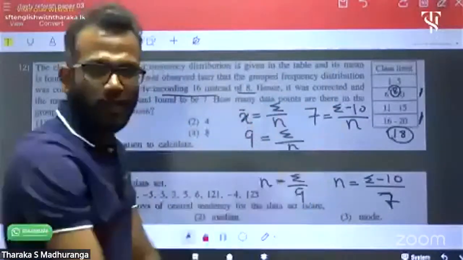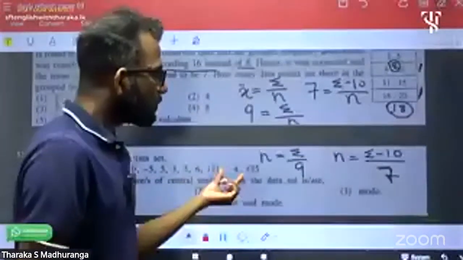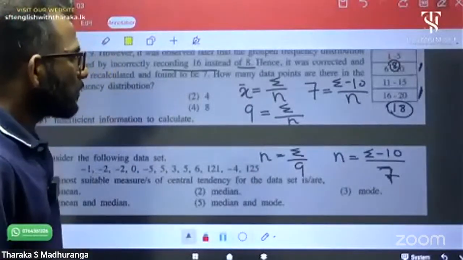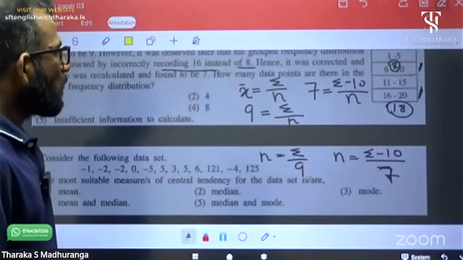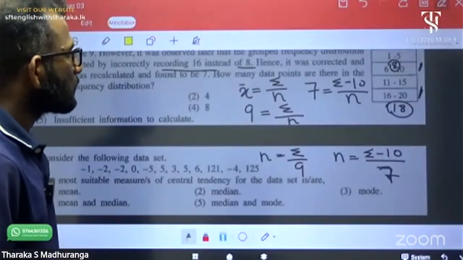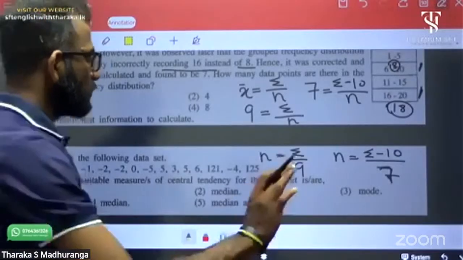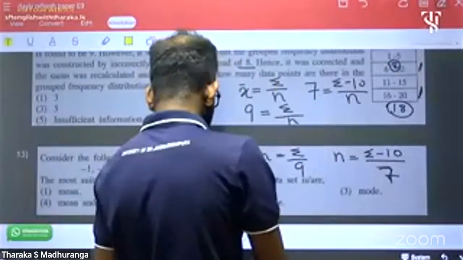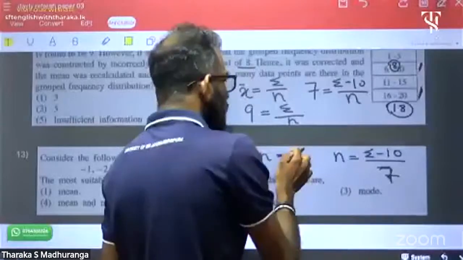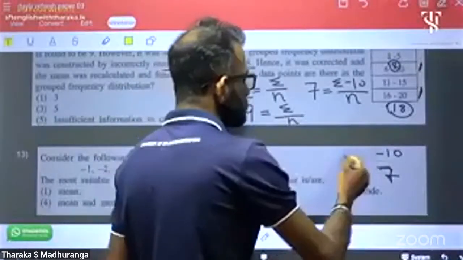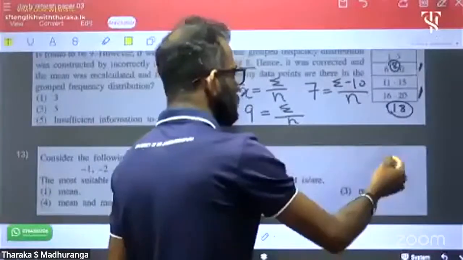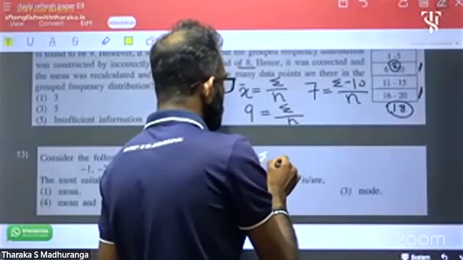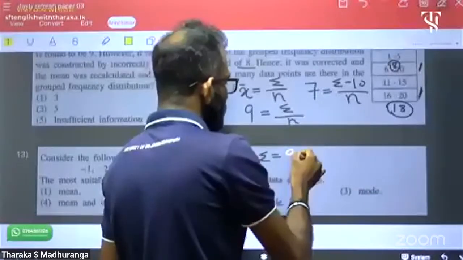Next week you can understand the full idea. We have the question of how many data points there are. We have to isolate sigma. It is sigma equals 9n.